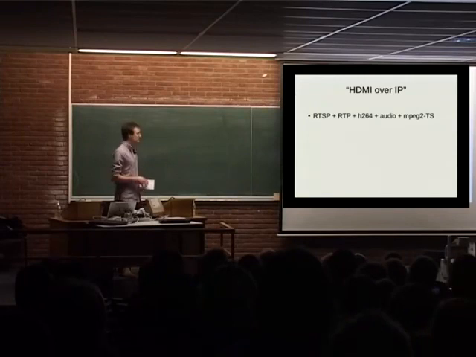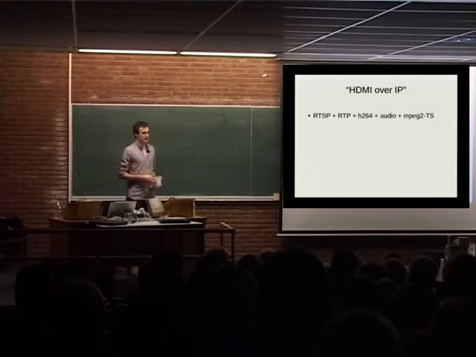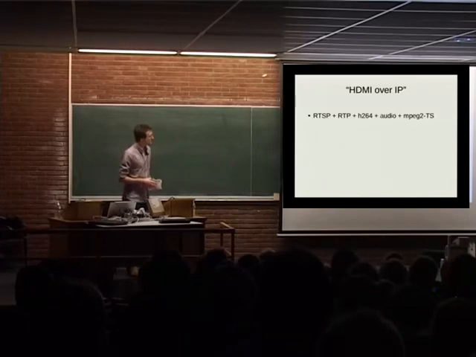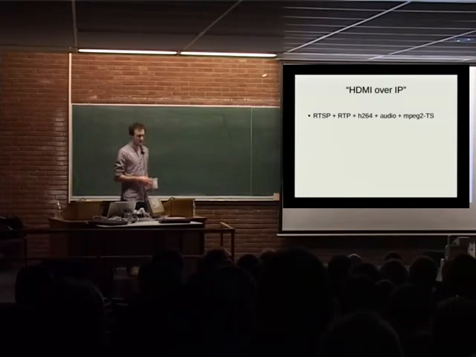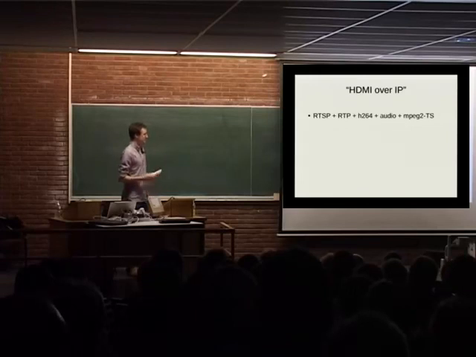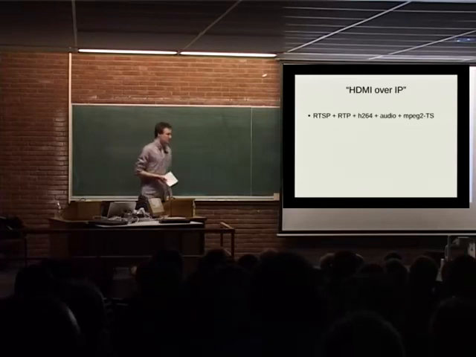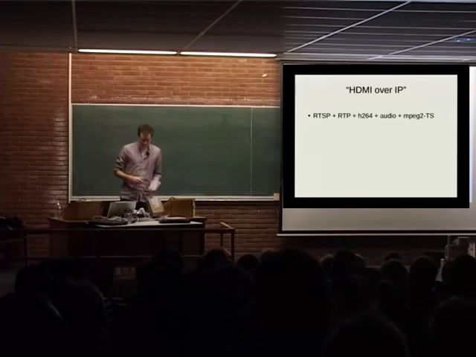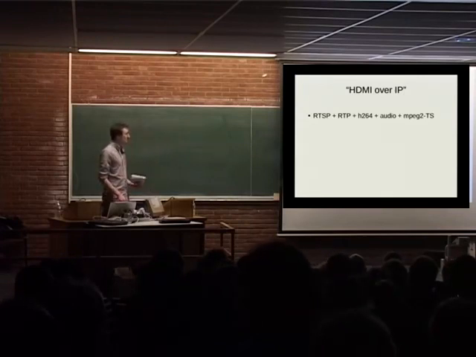To encode data, MPEG-4 is used. For audio, which you can also optionally transmit, there are AC3, AAC, and some other formats, anything you want basically. And then it's put into an MPEG-2 transport stream, so you get reliable transmissions.